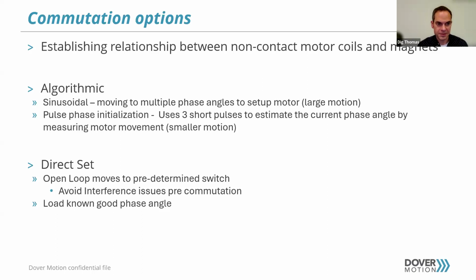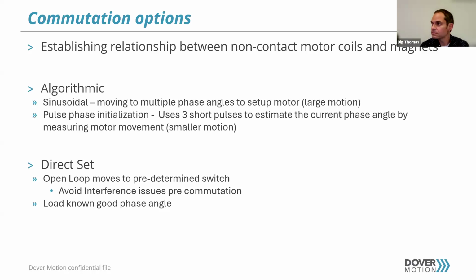But in this particular case, we allow the customer to pick a particular switch, be it a limit switch or home switch, if they do not want to use the index, and then they can perform a move, even by hand, if you're just setting it up for the first time, and it will automatically load the good known phaser into that position, and at that point your commutation is set.